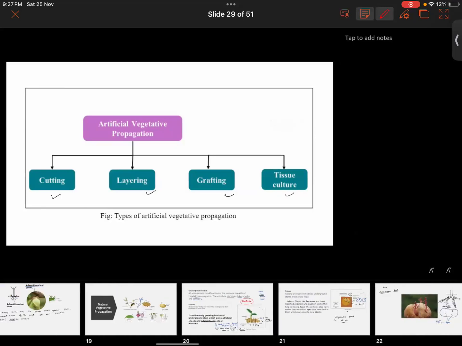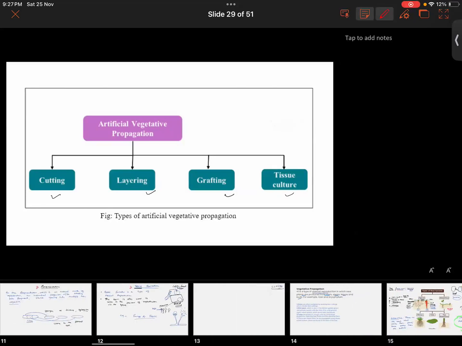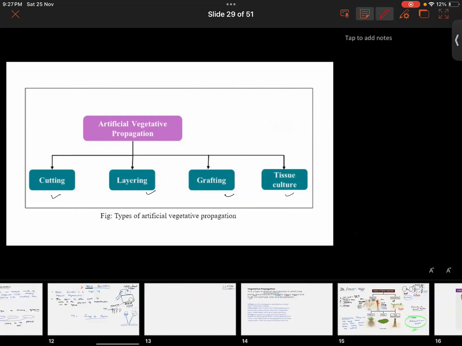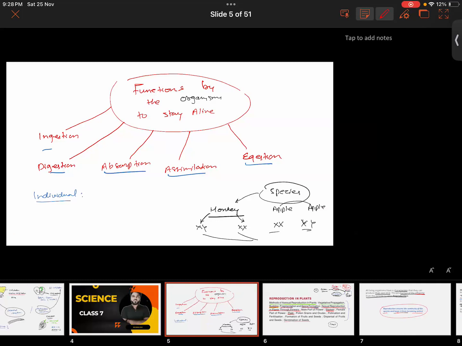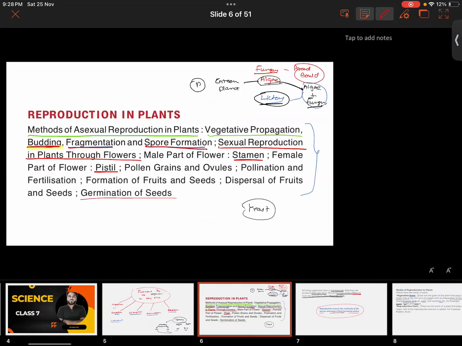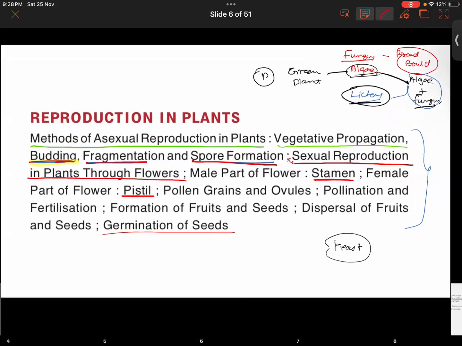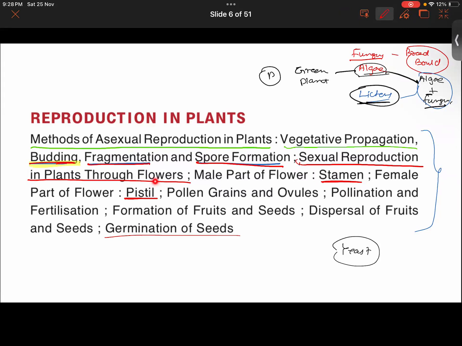Next we will be discussing sexual reproduction in plants through flowers. But before that, we have to complete binary fission, right? That's a small topic that will be covered in a minute or two.